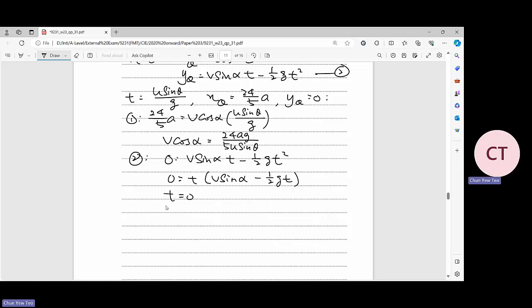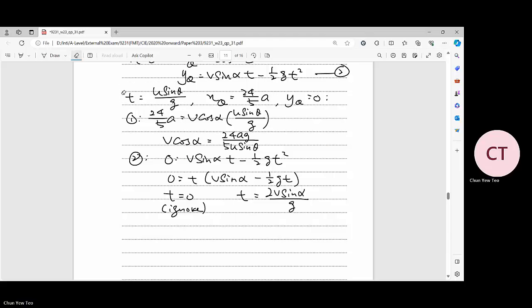So T equal to 0, you ignore it. This is at the very beginning. Then T is equal to 2V sine alpha over G. This 2V sine alpha over G, the time that you have here, will be the same as the time here.